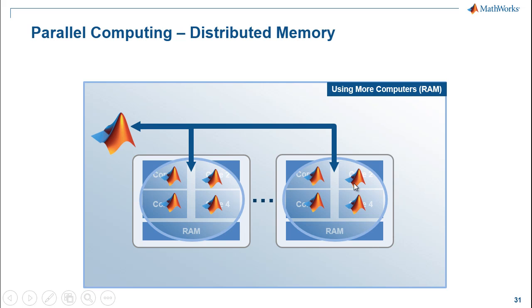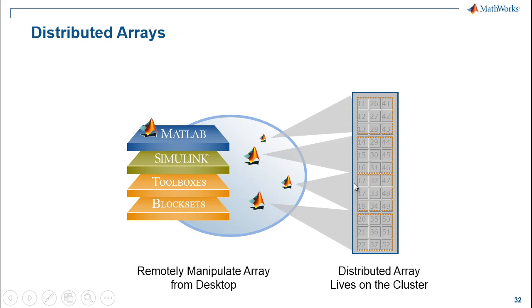If they have access to additional memory, well, then one technique we can do is, rather than trying to load our entire data set into memory on a single version of MATLAB, we can chop it up into chunks and just load one chunk into the RAM for this particular MATLAB worker, one chunk for the RAM on this worker, another chunk on this one. And then there are a series of MATLAB functions from just core MATLAB that are overloaded to automatically be able to deal with this type of distributed data as if it was just a normal variable.